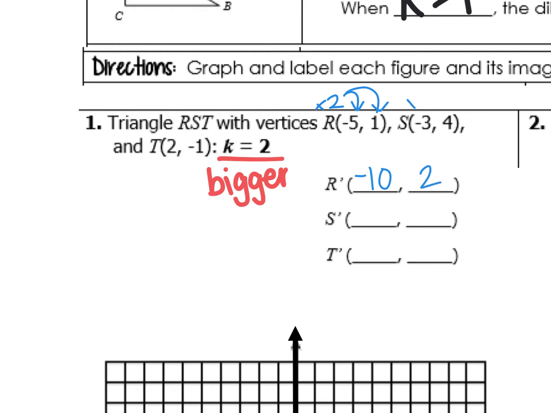For S, I'm going to do the same thing, multiply both by 2. 2 times -3 is -6, and then 2 times 4 is 8. So S prime would be the point -6, 8. Then I'm going to do the same thing for T. 2 times 2 is 4, and then 2 times -1 is -2. So T prime would be at 4, -2.